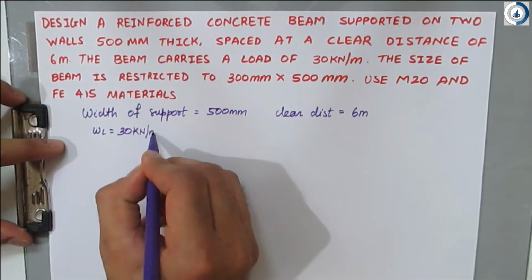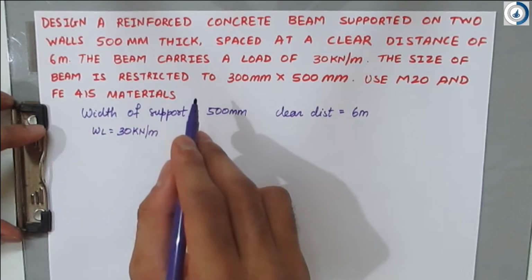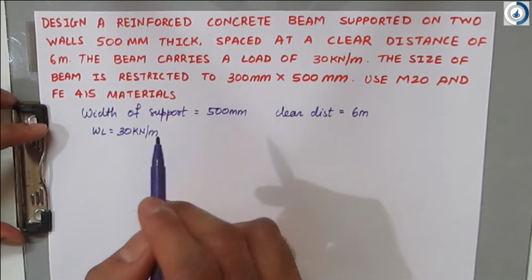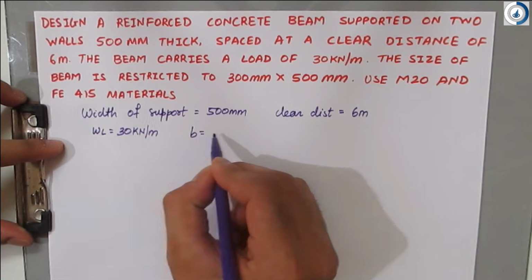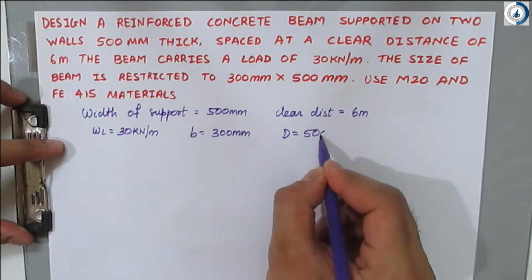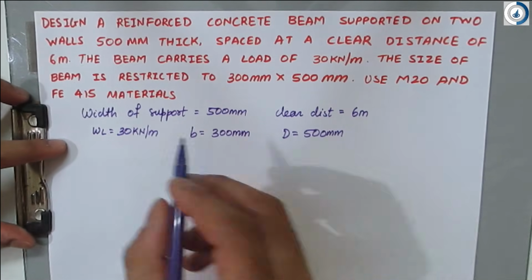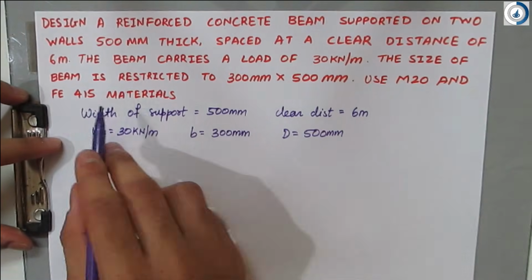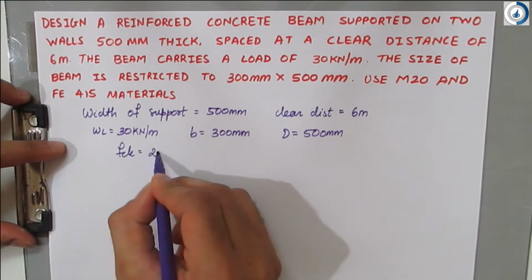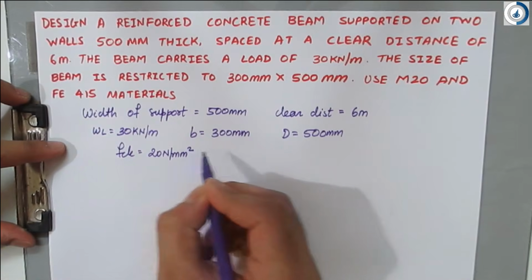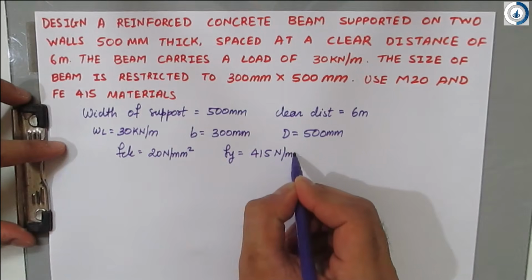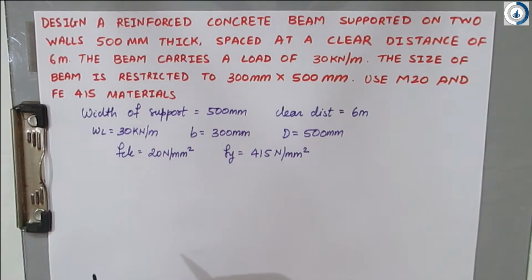The size of the beam is already given, so no need to fix the width and depth: 300 mm is your width B, and 500 mm is your overall depth D. The materials are fck equal to 20 N/mm square and fy equal to 415 N/mm square. So this is the given data.